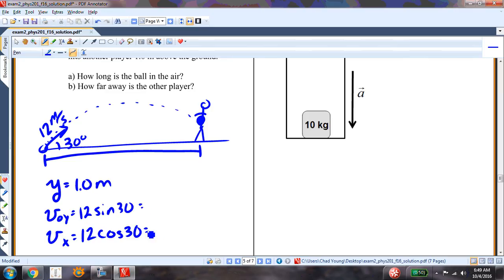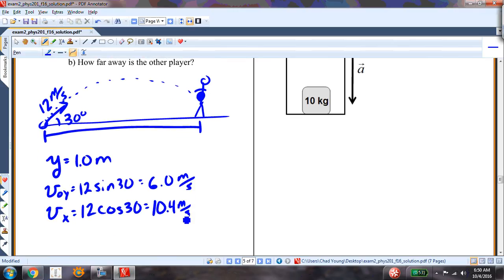That is 10.4. This is 6 meters per second. What else do I know? I know that ax equals 0, ay equals negative 10.